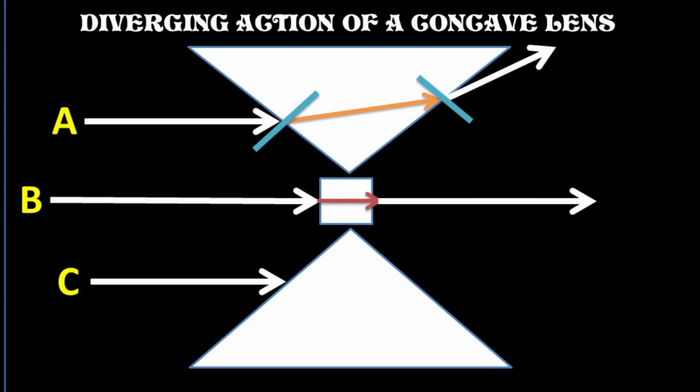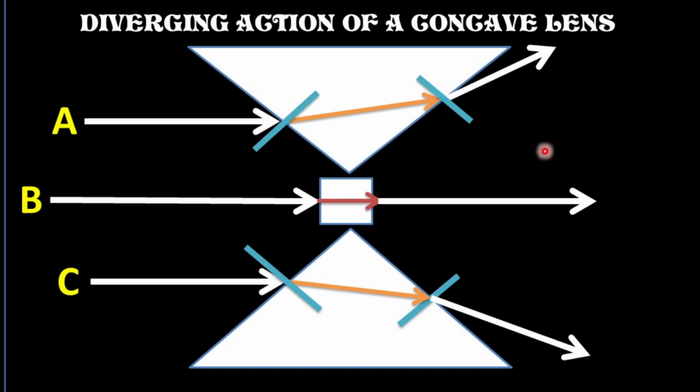And the ray of light C emerges out of prism following the laws of refraction, as you can see in the diagram. You can observe that the emergent rays A and C go outwards. They will never meet. So they are called as diverging, and the lens is called as diverging lens.